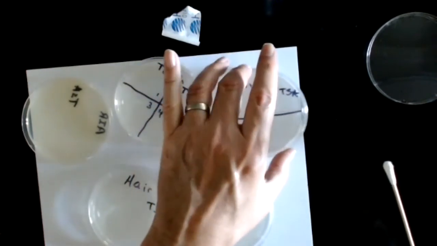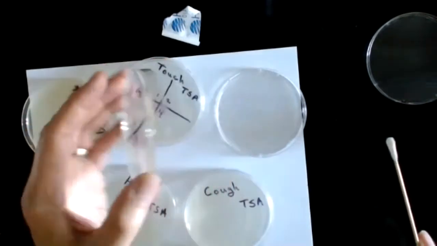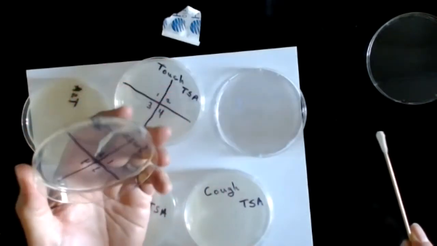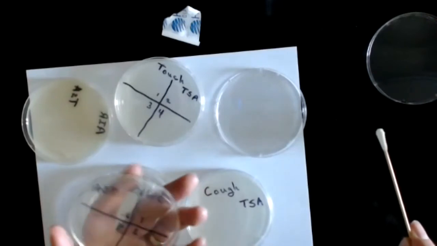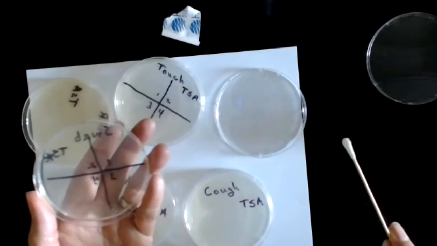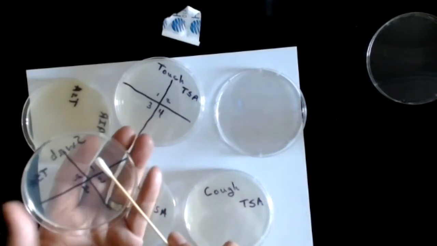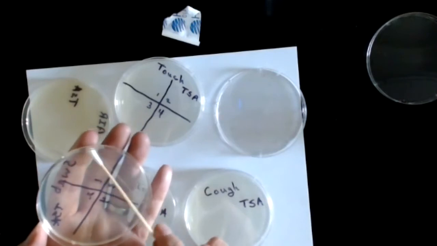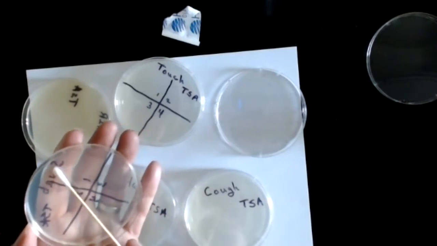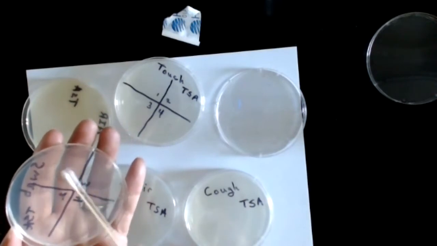You'll notice I'm going to lift the bottom up and leave the top behind. I then turn the bottom of the plate over so I can see the surface. I find quadrant 1, and quadrant 1 is right here. I'm going to take my swab and gently rub the swab on the surface of quadrant 1.